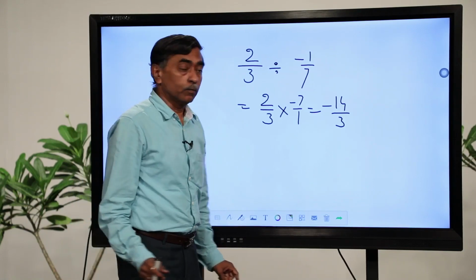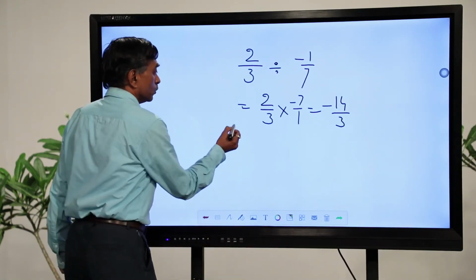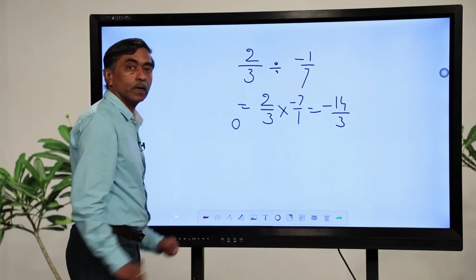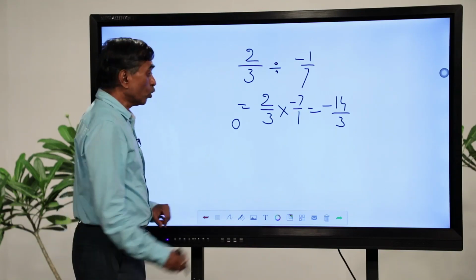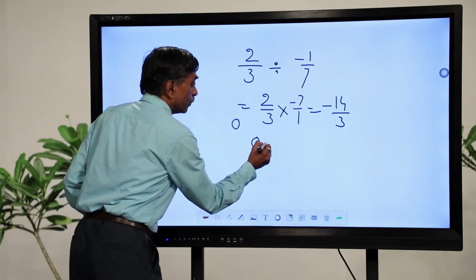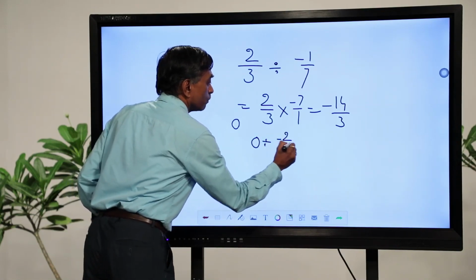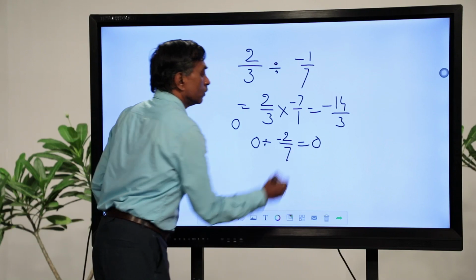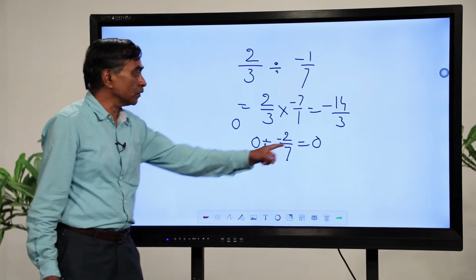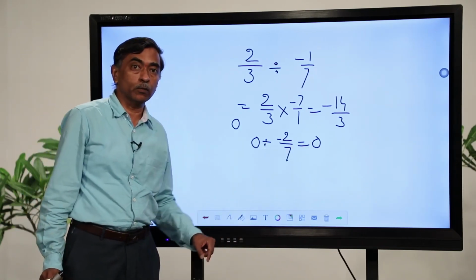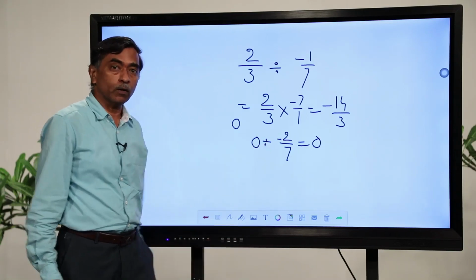But friends, mark one thing, that rational numbers also contain the number 0. So, when you say 0 divided by minus 2 by 7, you are going to get 0, which is again a rational number. But try to do it the other way around.